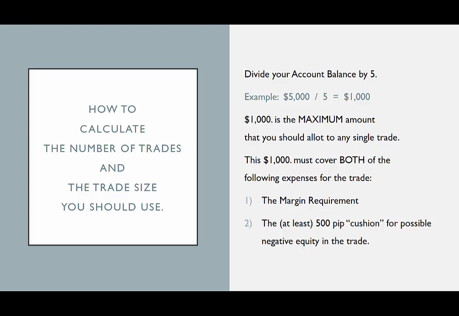The $1,000 for the trade has to accommodate both the margin requirement and at least enough usable margin cushion to let that trade ride potentially 500 pips negative.